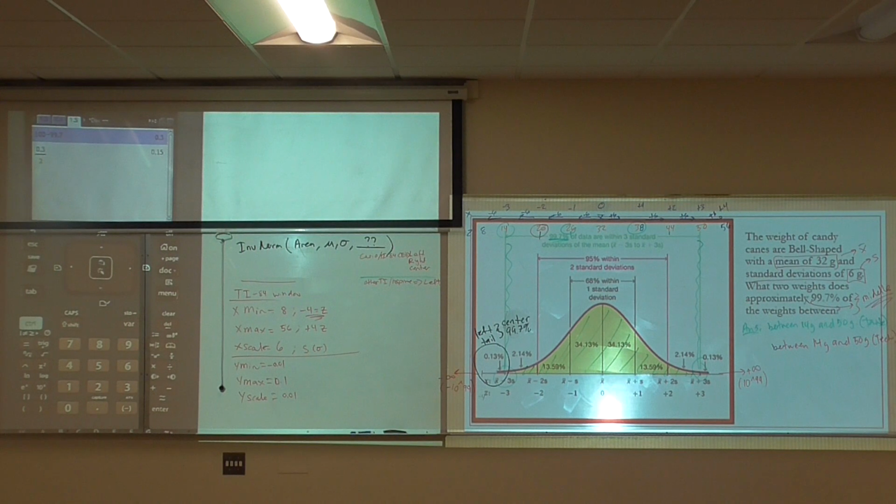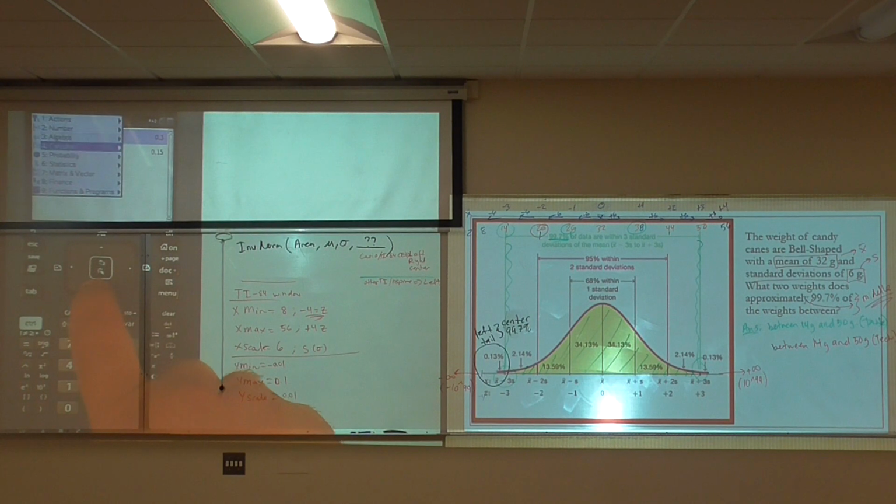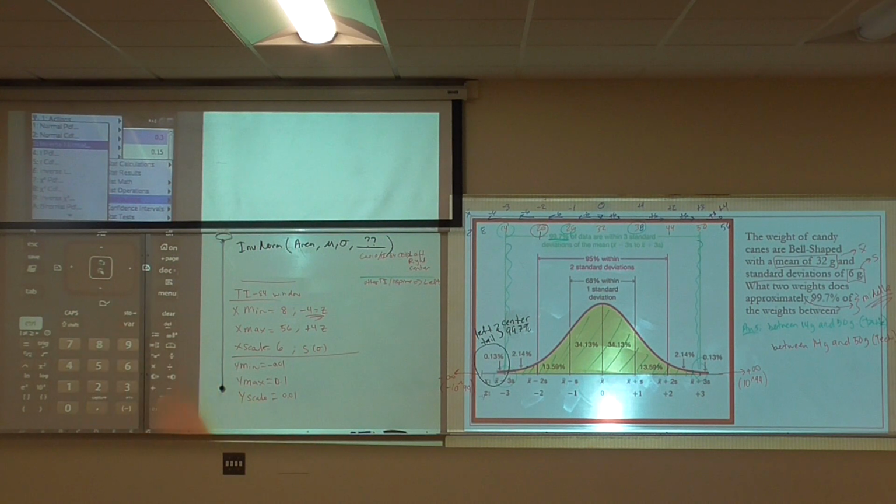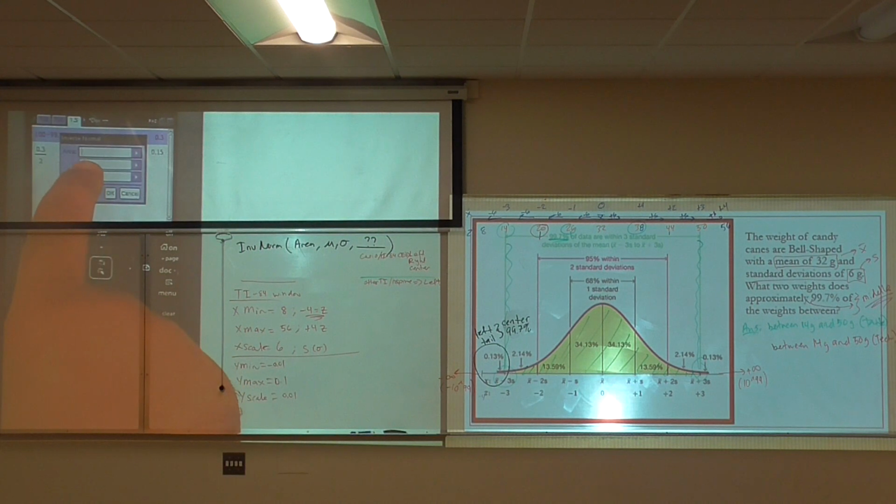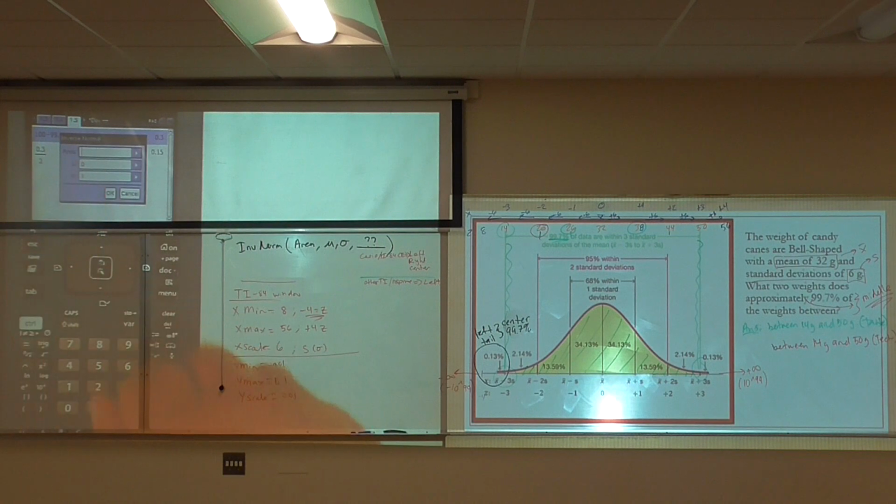So I'm going to skip to the table for right now, because that's what we're looking at here. So why did I skip it? Menu, back to statistics, back to my distribution, my normal, my inverse normal. Now I know my area for the right tail. If I use the empirical rule, it's going to be my 0.013.